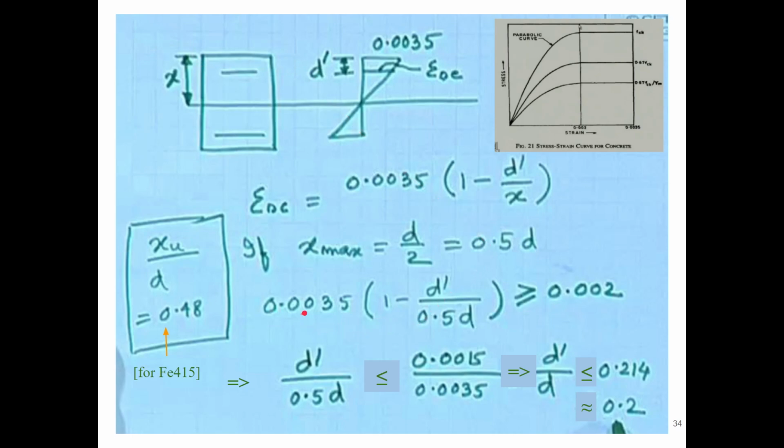So we always try to keep the location of the reinforcement in compression at a strain which is greater than 0.002. Okay, so that is the concept.